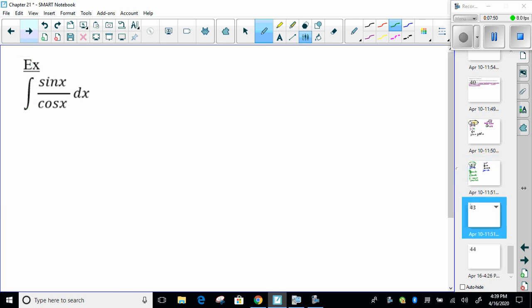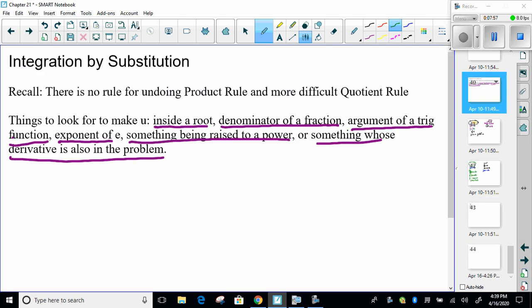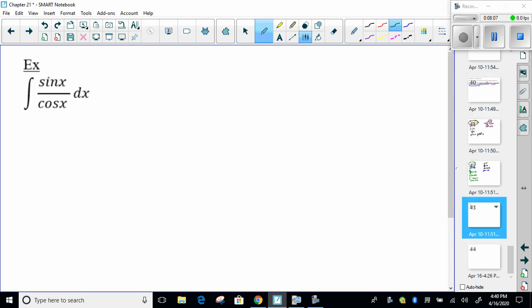Okay, next one. 2 trig functions. So if you go back to our recommendation, I have 2 trig functions. Both of their arguments are x. So the denominator of the fraction. If you're not sure what to do, try to set u equal to the denominator of the fraction. Now if it said the sine of 2x, then maybe I want it to be 2x.